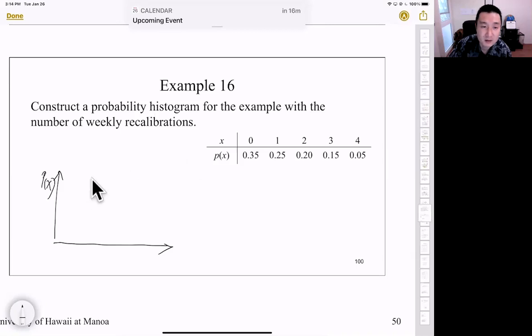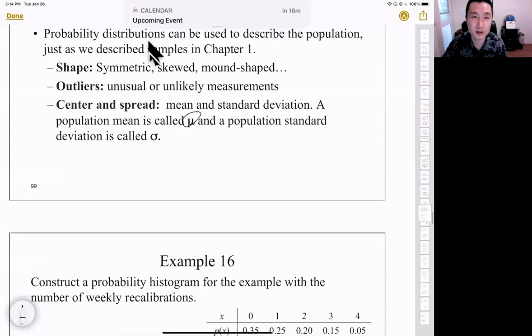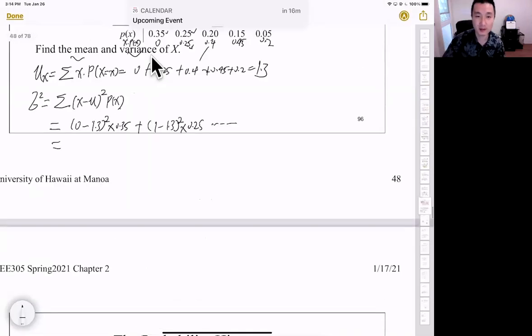Yeah, the variance can be calculated using one of these two equations. The display will be a little bit delayed here.